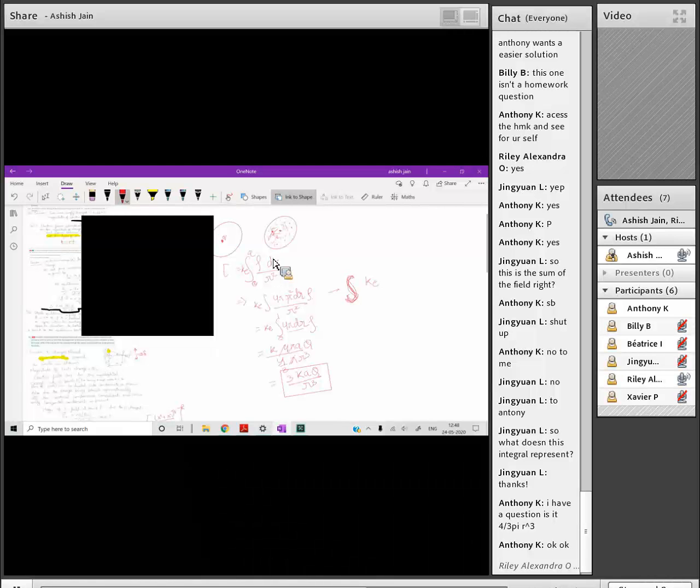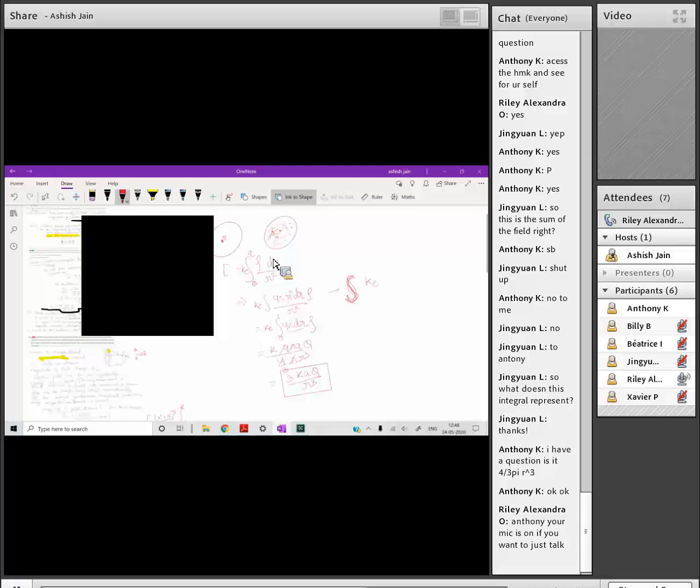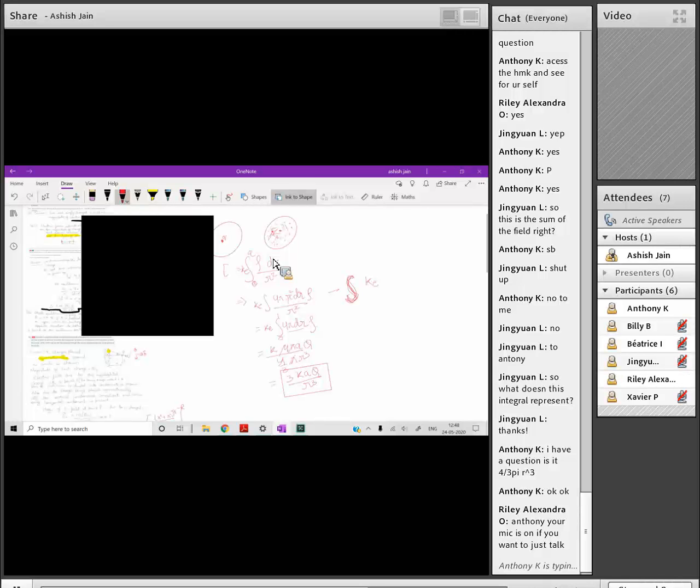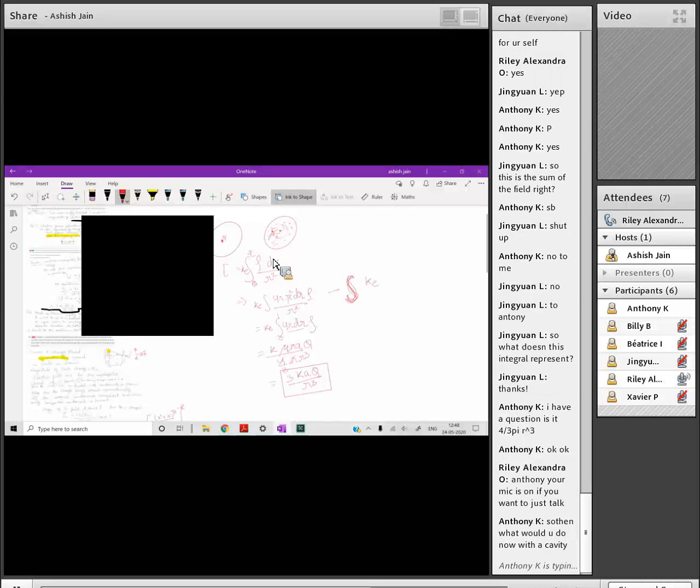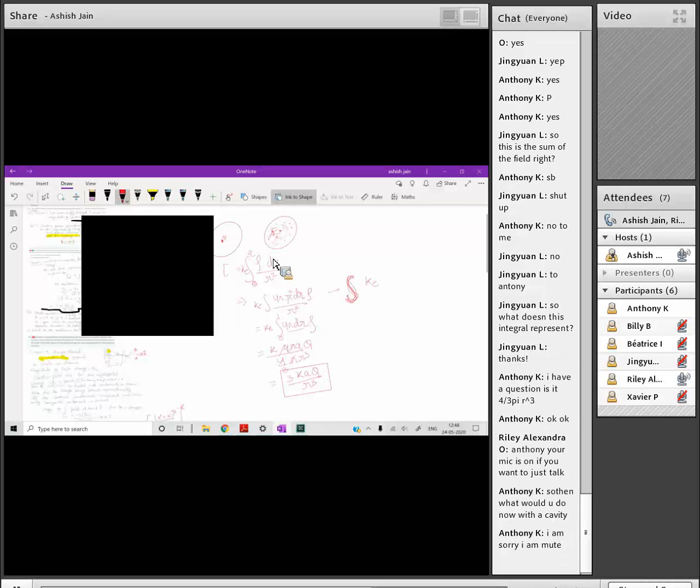You first assume there is no cavity, then you find, due to every element, the effect at point Q. Once you find that, you just subtract the effect due to this element.